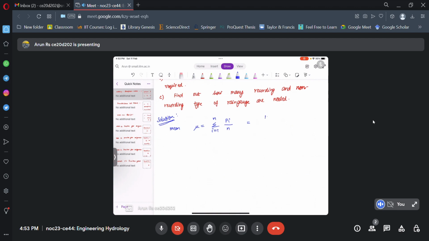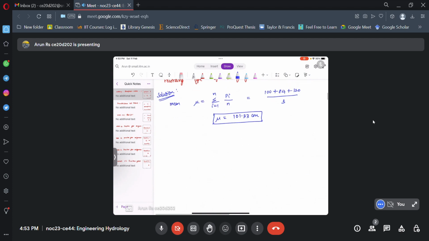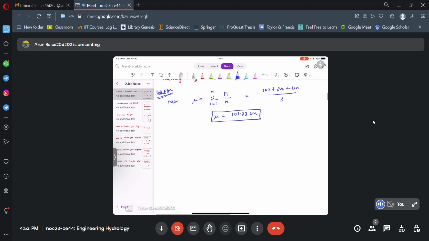For that, first we need to estimate the mean. We are estimating the arithmetic mean. Here the mean is equal to 101.33 centimeters. Next we need to estimate the sample standard deviation.